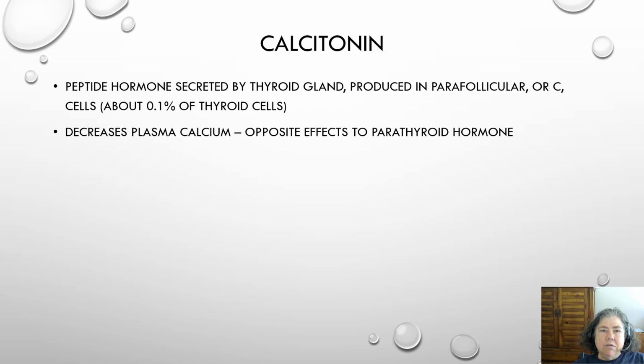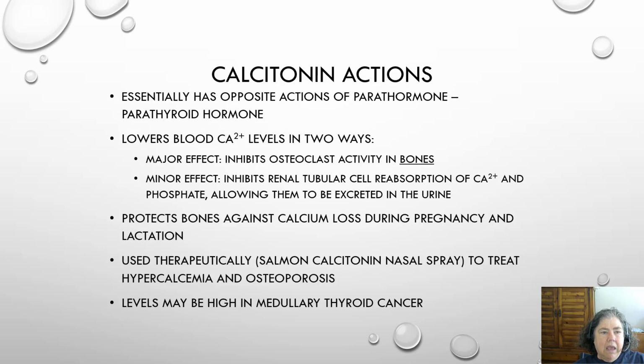And calcitonin has sort of the opposite effects of parathormone. It decreases plasma concentration of calcium and opposes parathyroid hormone. It inhibits the effects of osteoclasts in bone, so it prevents the breakdown of bone.